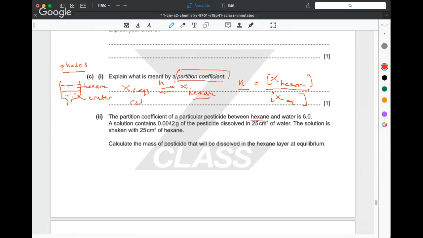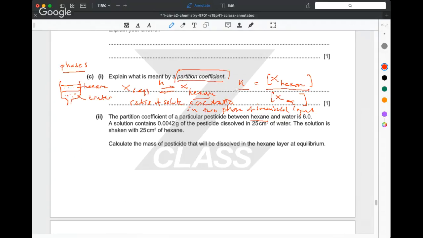So it's the ratio of solute concentration in two phases of immiscible liquids. And because the hexane and the water are immiscible, we saw that there's an equilibrium set up.